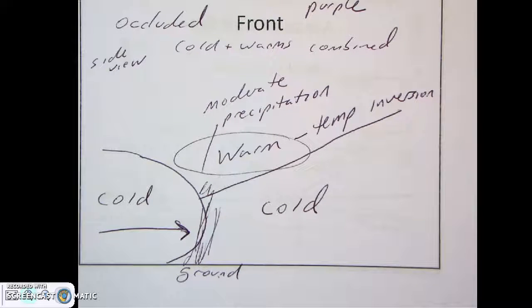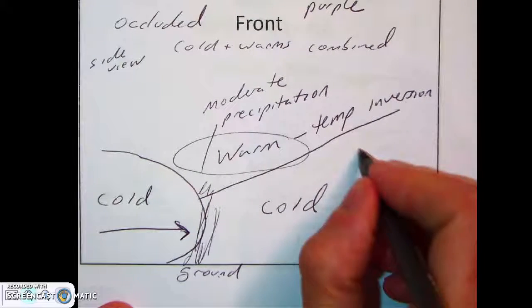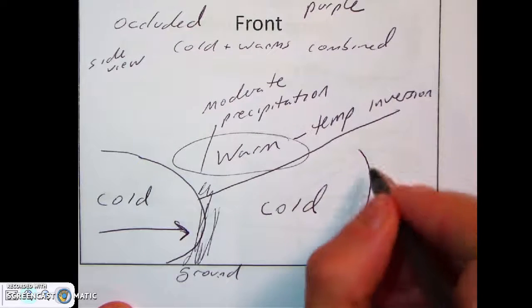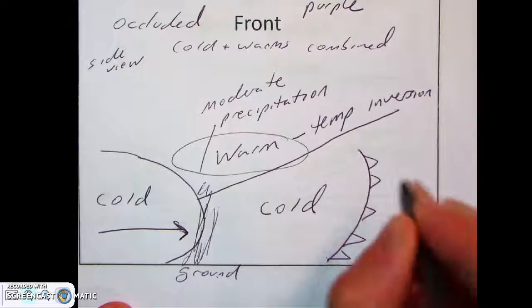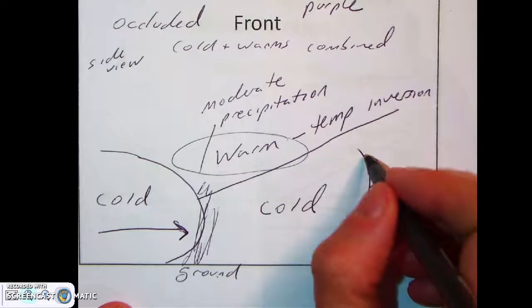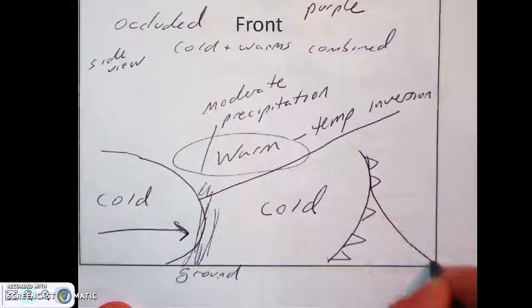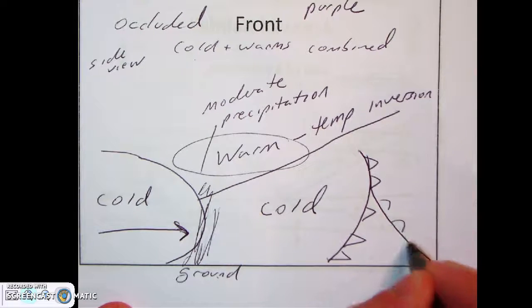And what you'll often see is something that looks like this, where you're going to have maybe a cold front, and then you would have something like this, and this would be labeled warm front.